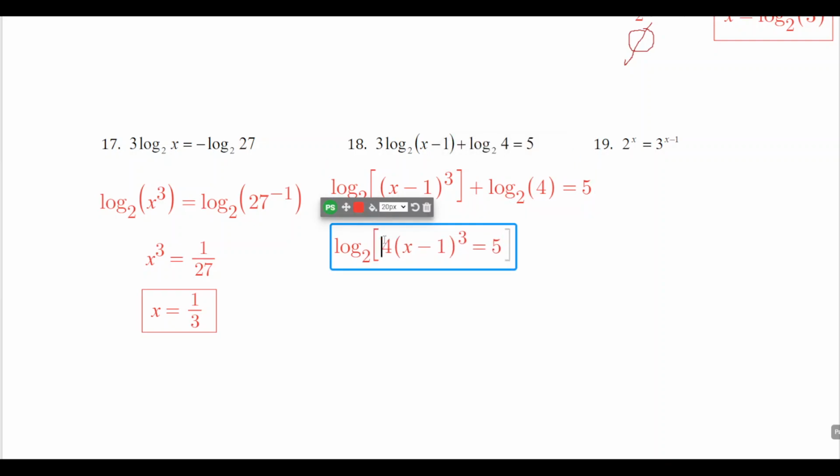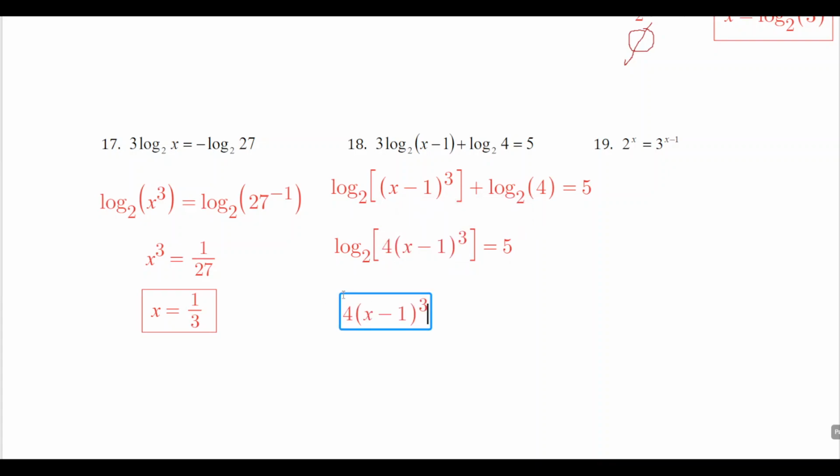If I have to, I will, but I'm going to try to avoid it if I can. Okay, so at this point I can use the inverse property and rewrite this as an exponential equation. So this is going to equal 2 to the 5th.